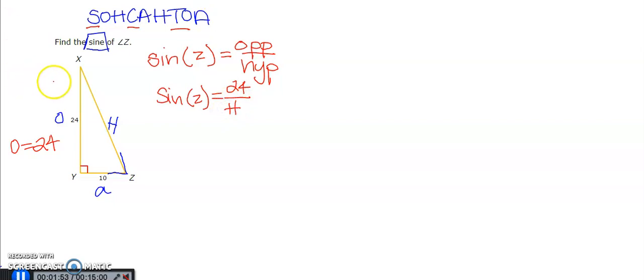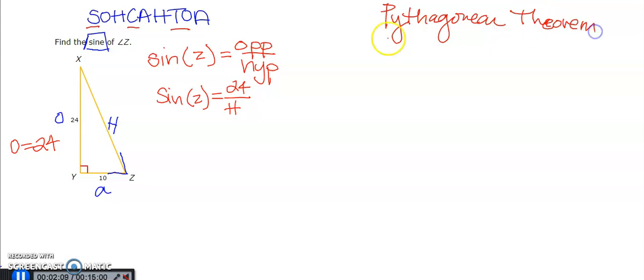Well, if we think about it, this is a right triangle, and we know some other properties of right triangles. One of those properties is the Pythagorean theorem. As long as we know we have a right triangle, you can use the Pythagorean theorem to help you find a missing side length.